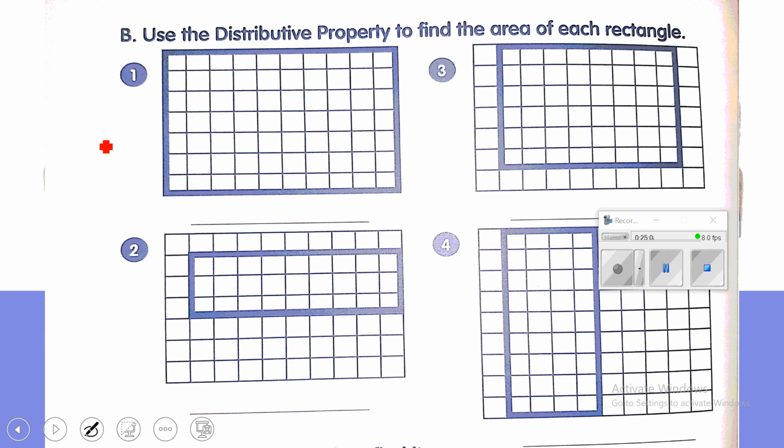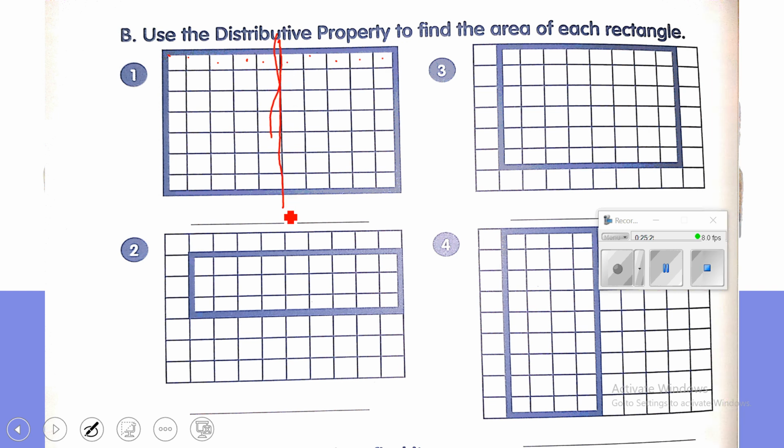Here they said use the distributive property to find the area. So it's your option to find which number you want. For example, here I have 1, 2, 3, 4, 5, 6, 7, 8, 9, 10. So I can make it 5 by 5.